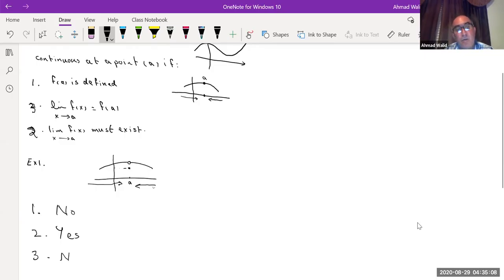Then I say this function is not continuous. It's discontinuous. Let me write here, not continuous at a. And we call this one removable discontinuity.